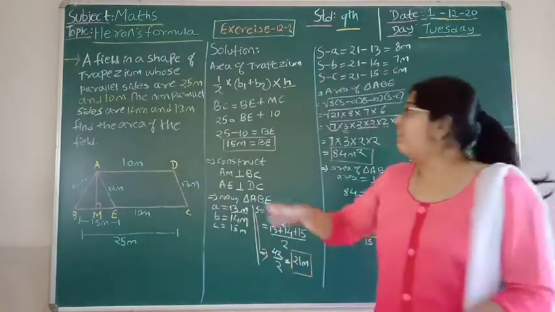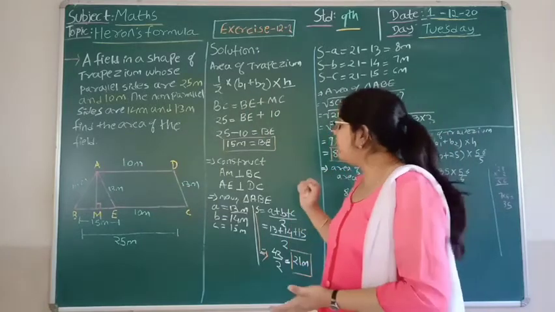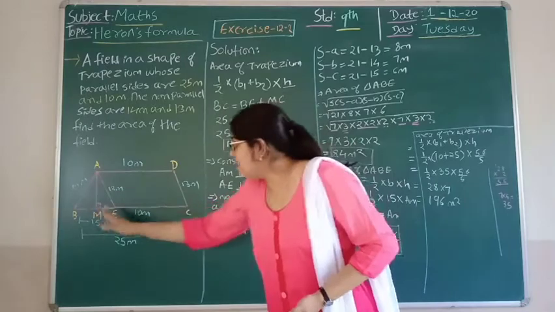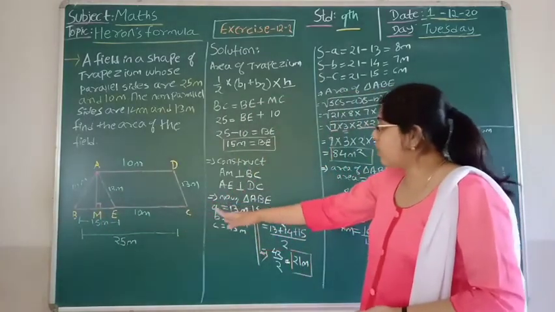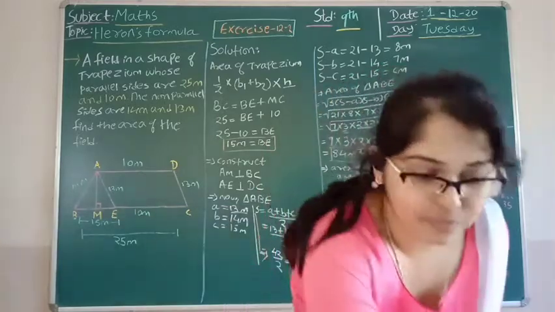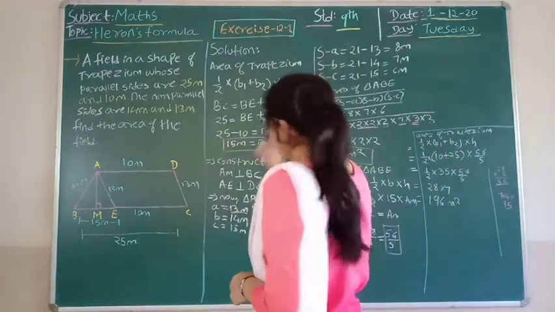How did we find b1 and b2? We saw that the whole BC equals BE plus EC.